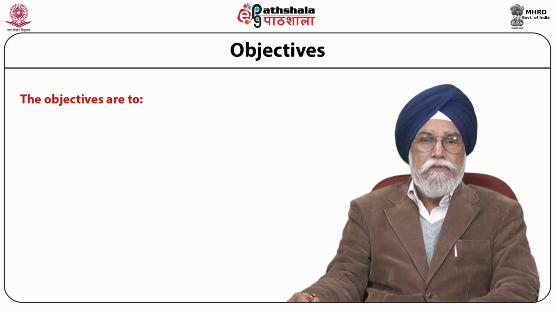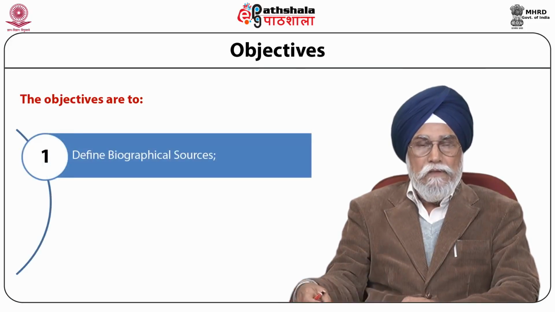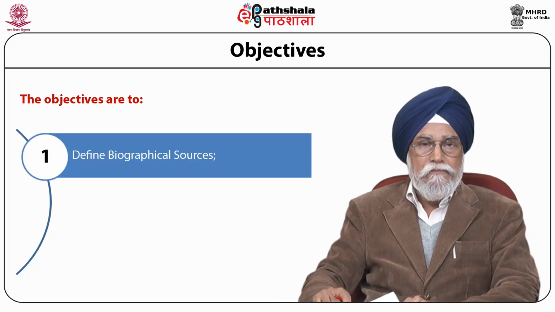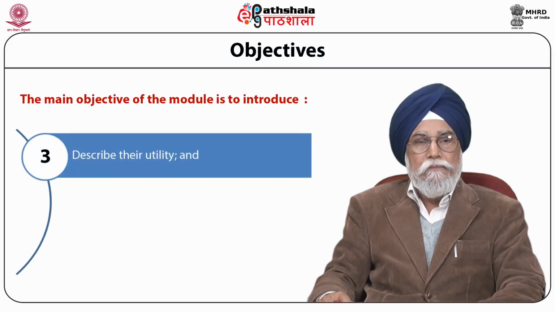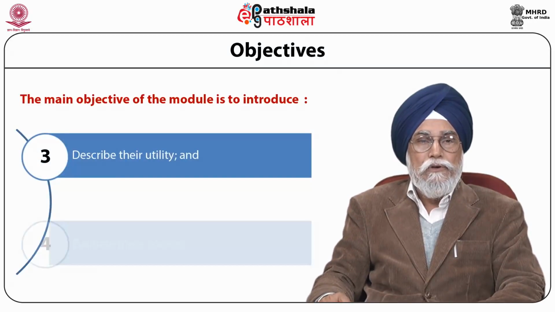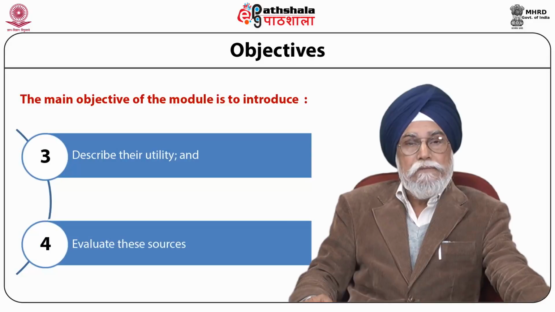The objectives of biographical sources are to define the biographical sources, to identify types of biographical sources, both in print and online form, to describe their utility, and to evaluate these sources.